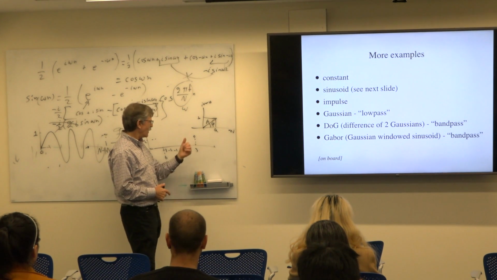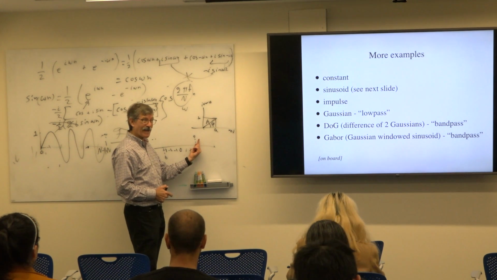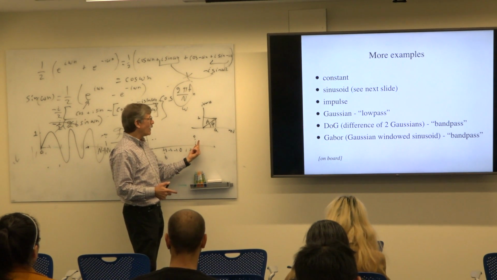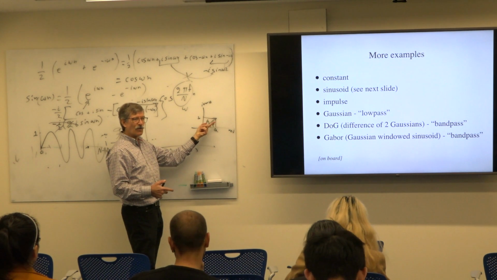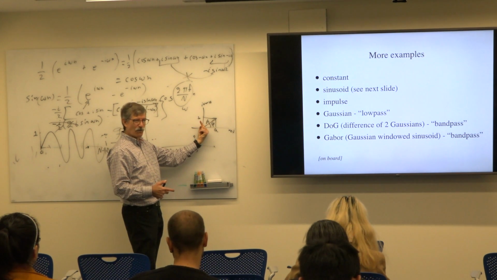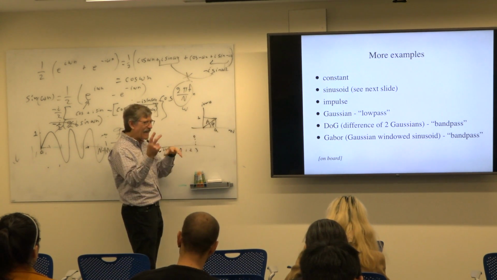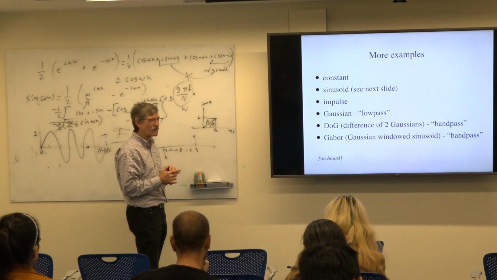If the phase is 0, this will be a real number, because it's cosine. If the phase is pi over 2, meaning you actually gave me a sine wave, sine of t, then it'll be a pure imaginary number. But if you give me any other phase, you'll get an A plus Bi, whose angle will be the phase that you presented on the input, and whose length will be the amplitude of the sine wave you gave me. This same Cartesian polar just keeps coming back. It comes back for systems, it comes back for Fourier transforms of signals.